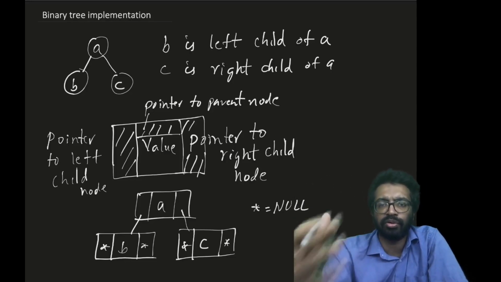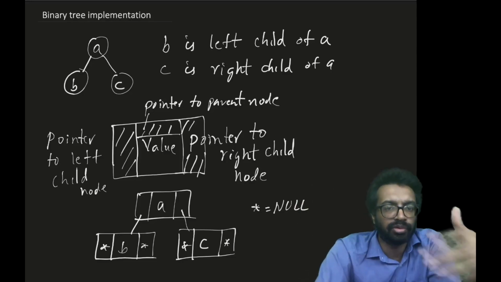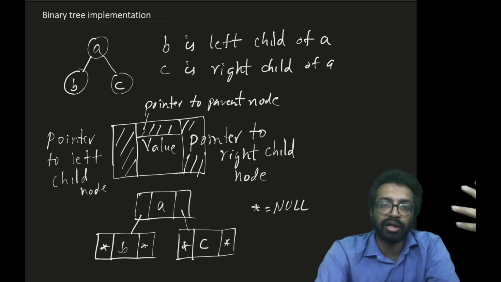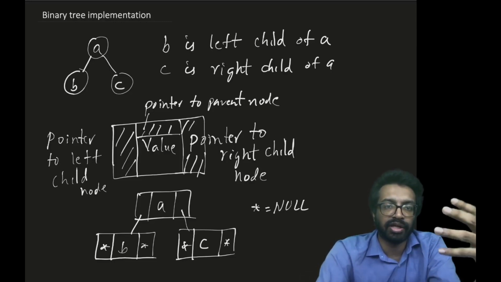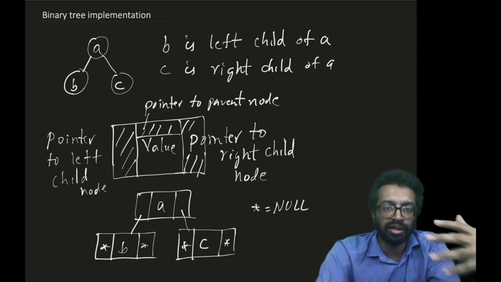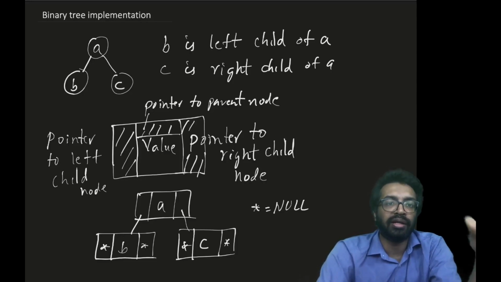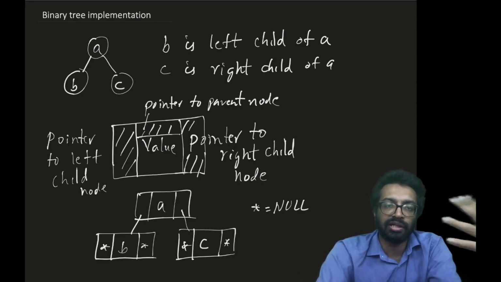Now, why don't you try to write a recursive algorithm to detect the height of a node? You did it for the case of a general tree, but you can try it for a binary tree. Write a function to get the height of a node.